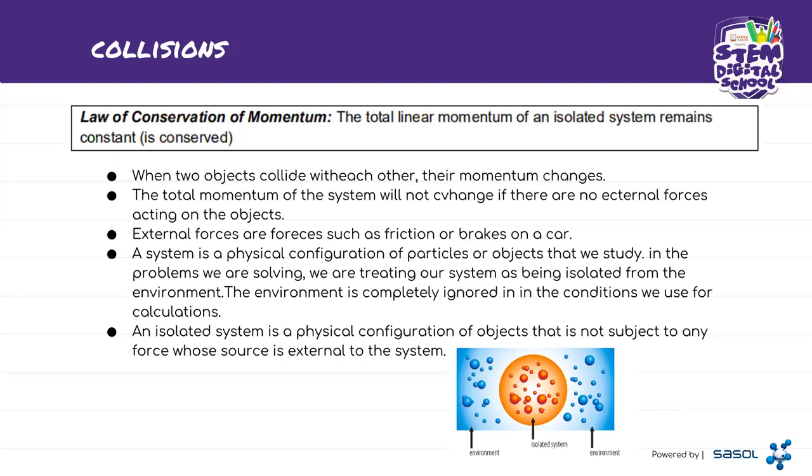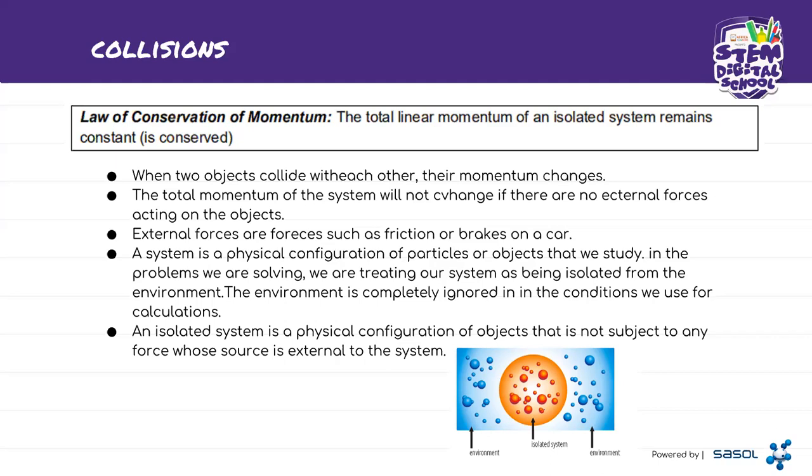So when two objects collide with each other, their momentum changes, but the total momentum of the system will not change if there are no external forces acting on the objects. Basically, an external force is anything that acts upon the applied motion or applied force, or your gravitational force. Those are all external forces.